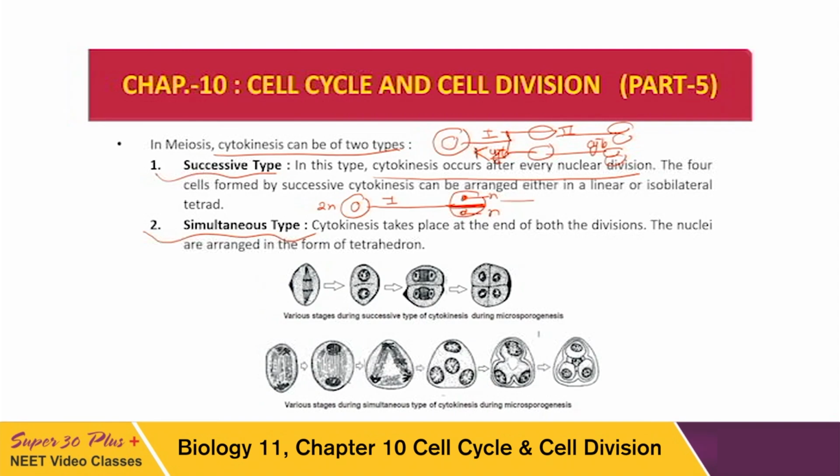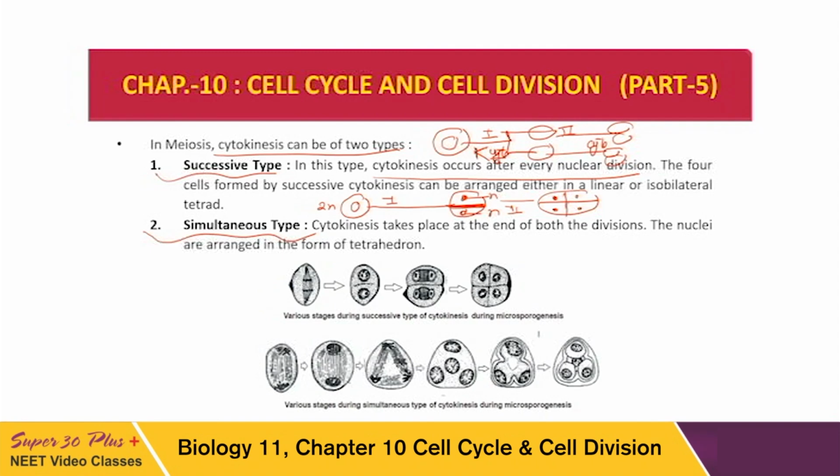Now again they will divide. The same thing will happen here. Each will divide into two nuclei, and after this second meiotic division, they will also divide into two cells. Therefore, four cells will be formed. So how to differentiate?